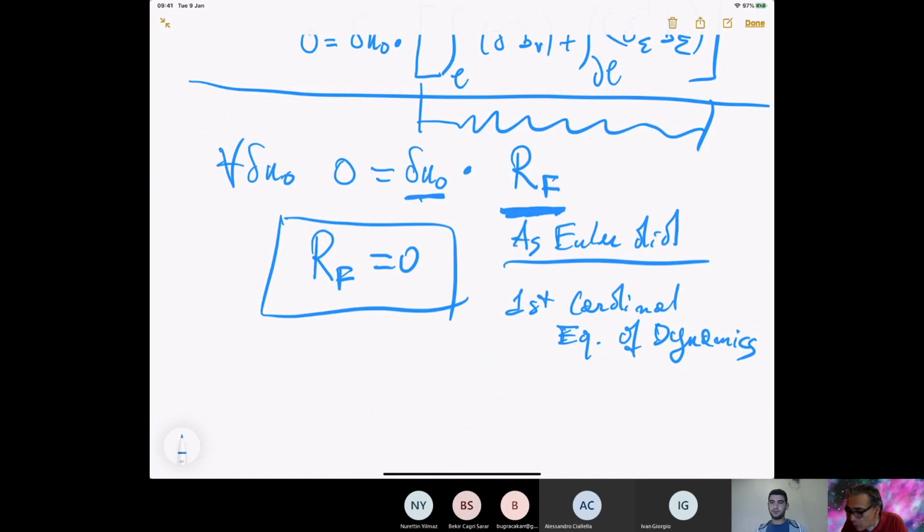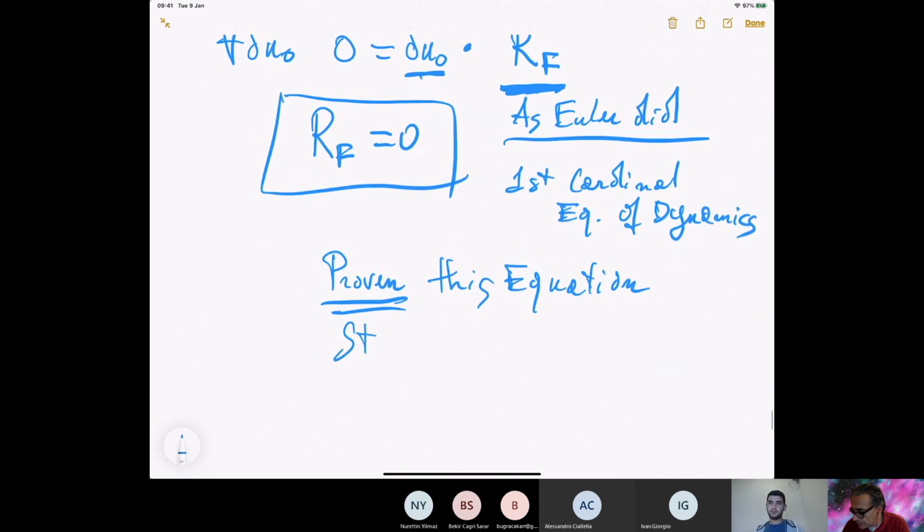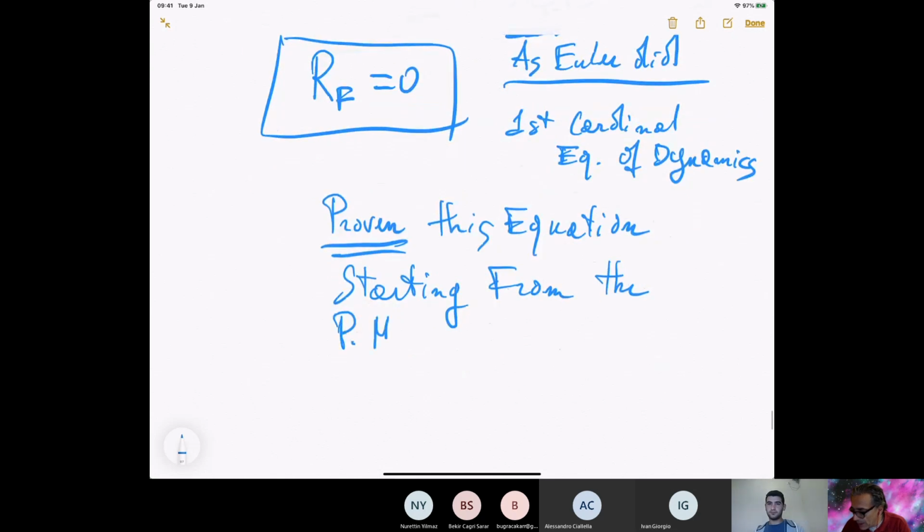And we have proven this equation starting from the principle of minimization of energy.